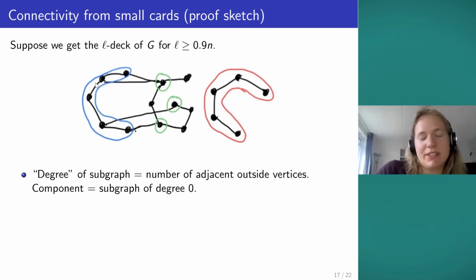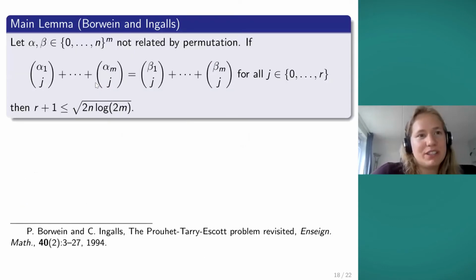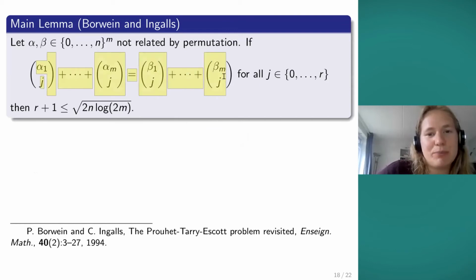So that maybe tells you why we've been able to do connectivity recognition and degree sequence. And we get this in the end from a bit of a maybe intimidating result. So what does this result tell us? Well, suppose that we know that a bunch of these binomial sums are equal.